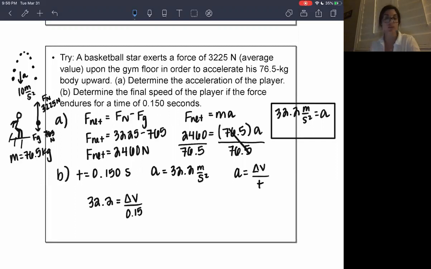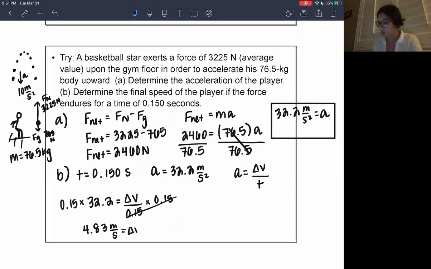So I need to solve by undoing what's being done to it. So right now it's being divided by 0.15. I'm going to undo that by multiplying by 0.15. Now, whatever I do to the right side, I have to do to the left side just to keep it equivalent. So 0.15 times 32.2 is going to get a change in velocity of 4.83 meters per second.